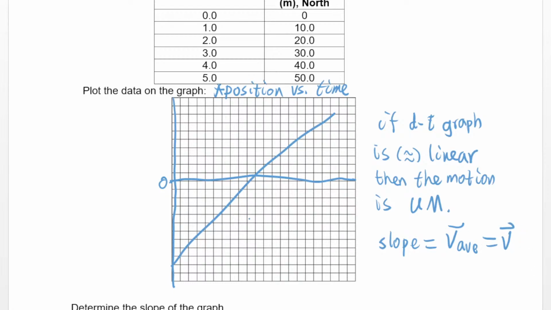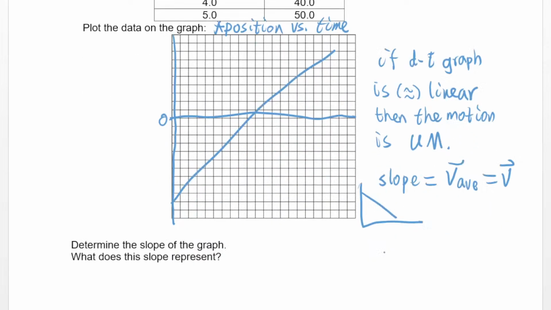Of course, the graph could look like this. The graph could have negative velocity. A linear graph doesn't have to be increasing. So for the increasing graph, with a positive slope, the object is moving in the positive direction. Remember, the direction of velocity is the direction the object is moving. So an increasing graph means moving in a positive direction, and a decreasing graph means moving in a negative direction.